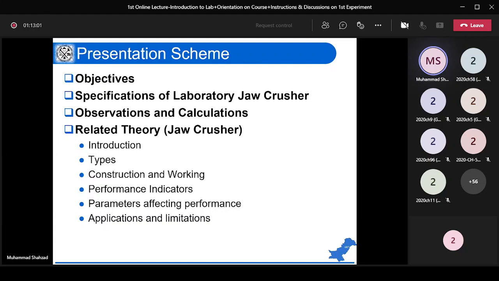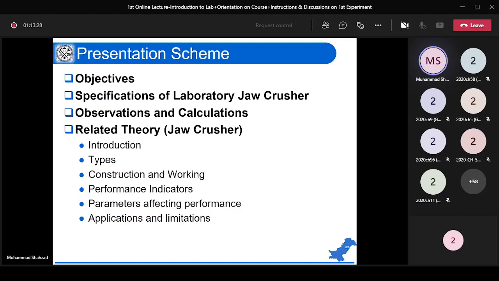In related theory, we are going to discuss the introduction of the machine, then types, construction and working, performance indicators, parameters affecting performance, and applications and limitations. Obviously, in the end, I will show some specifications of common industrial models. So let's start from the objectives.